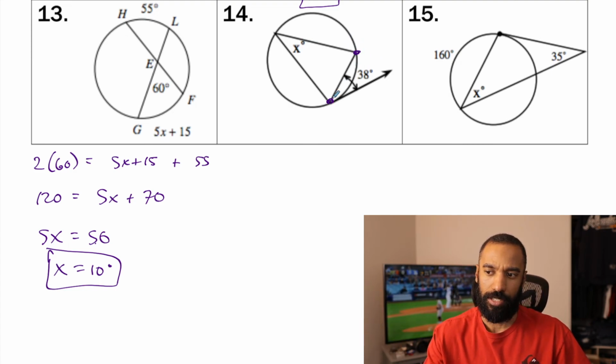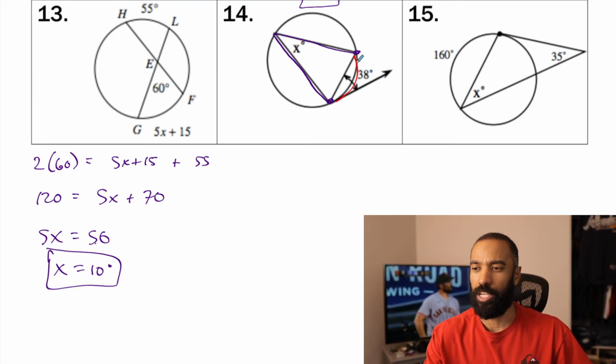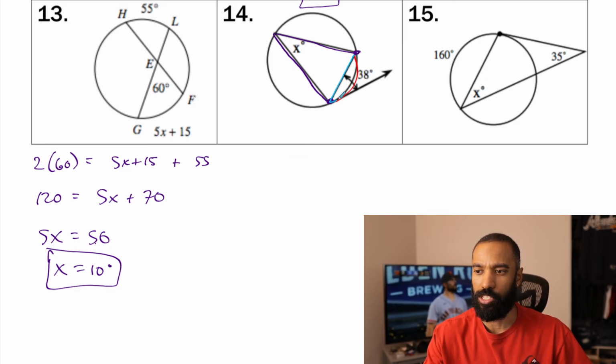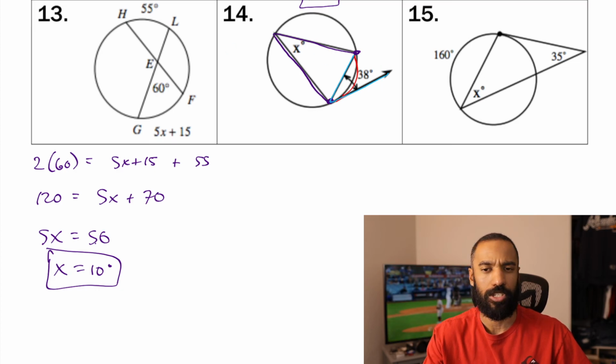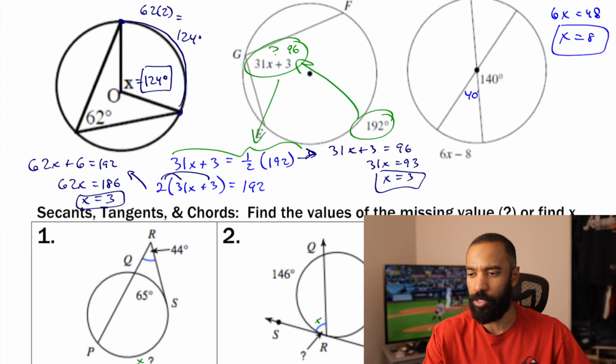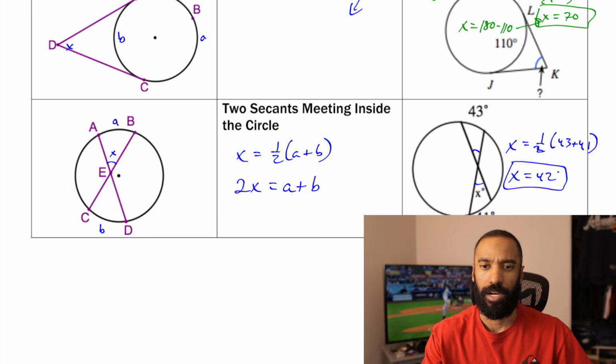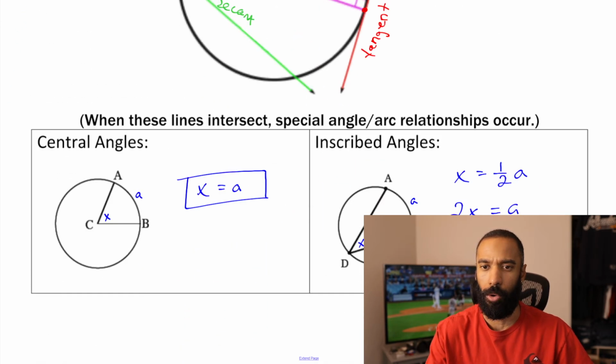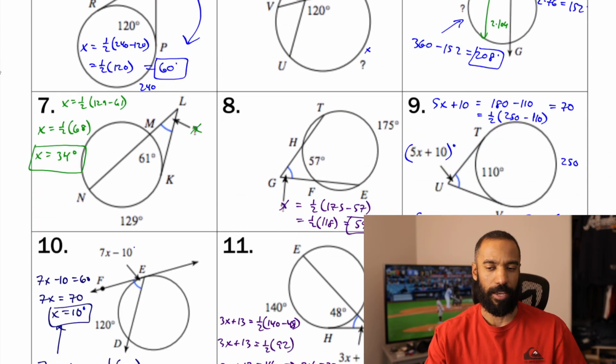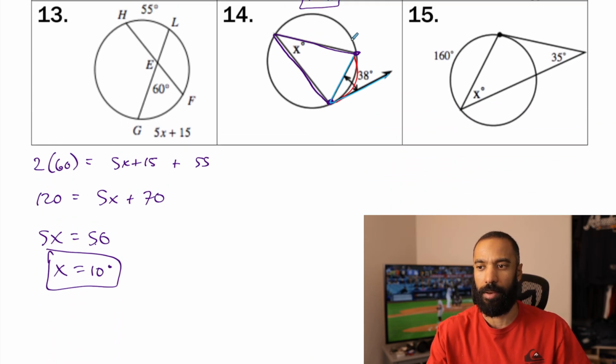These are endpoints to this inscribed angle right here. That means its intercepted arc is right here in red. Well, guess what? This thing right here in blue is also an inscribed angle to the same intercepted arc right there. The purple and blue inscribed angles share the same exact endpoints.